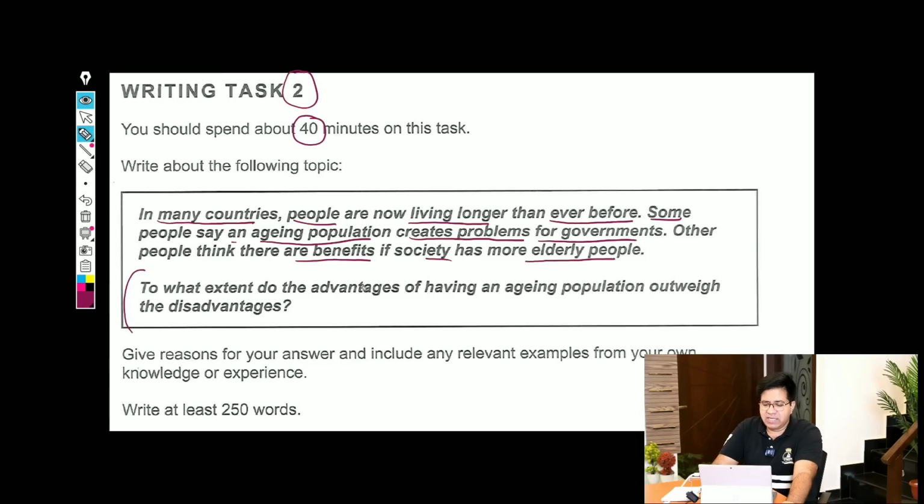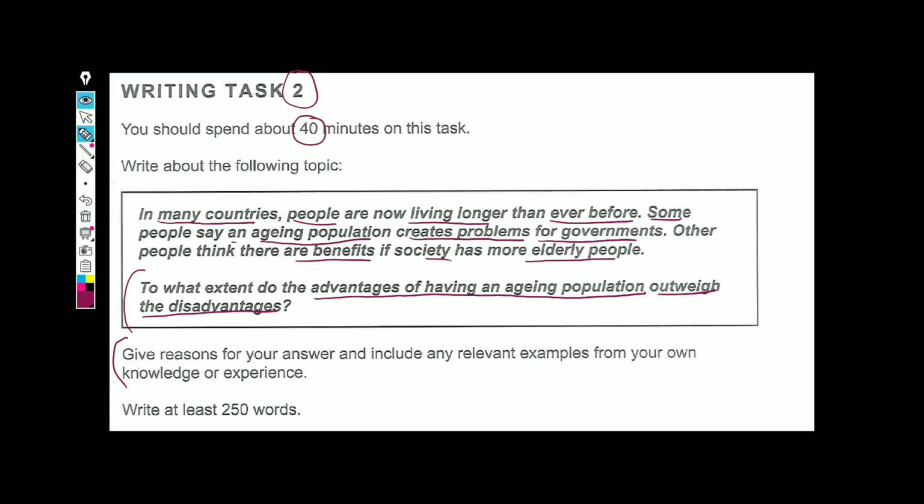To what extent do the advantages of having an aging population outweigh the disadvantages? So, to what extent do the advantages of having old people in society outweigh the drawbacks? Okay, so this is the topic, and then they say, give reasons for your answer.